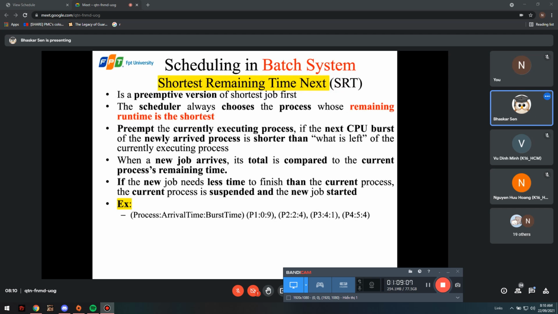But I would rather say that it is not a pure preemptive algorithm, because in preemptive algorithms, as we already know, there must be a time limit, a quantum of time, a time factor that must be embedded into the algorithm itself.